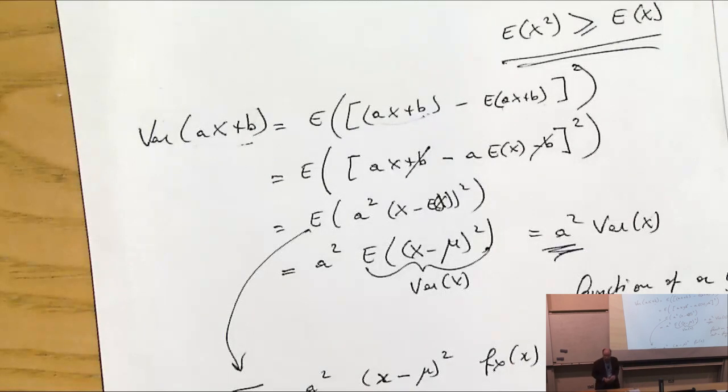The reason is that you measure some form of deviation with respect to its mean, right? So if you have a distribution that looks like this and you shift it by b, that deviation around its mean has not changed. But if you scale it by a, then the deviation around its mean will be a function of that value of a. Okay?